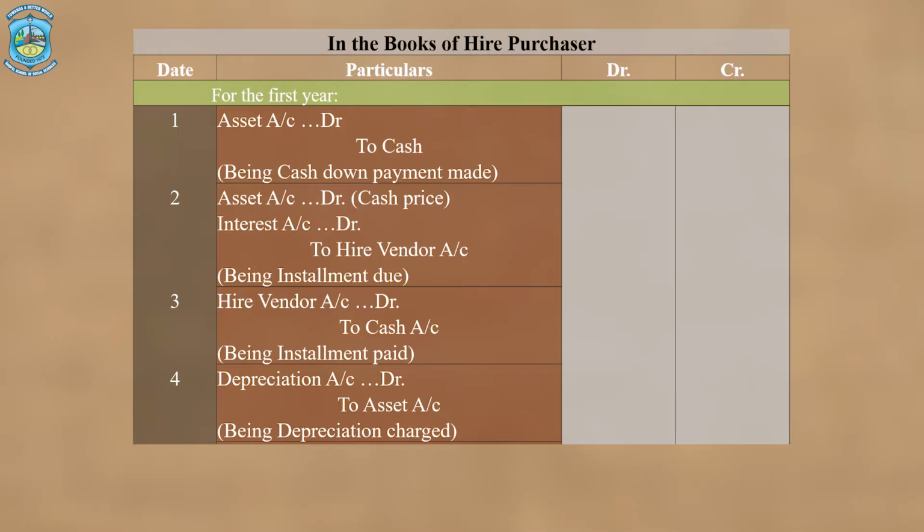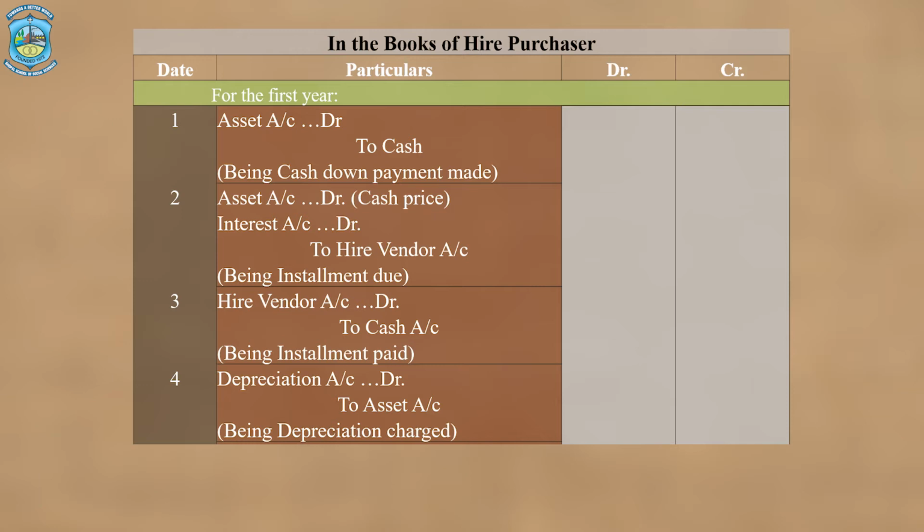Now the question arises, at what amount would the depreciation be charged? Will it be on the installments paid, or the down payments made, or the hire purchase price, or only the cash price? Let me solve this doubt: the depreciation will always be charged on the cash price. Mind it, depreciation will always be charged on the cash price, not the hire purchase price.